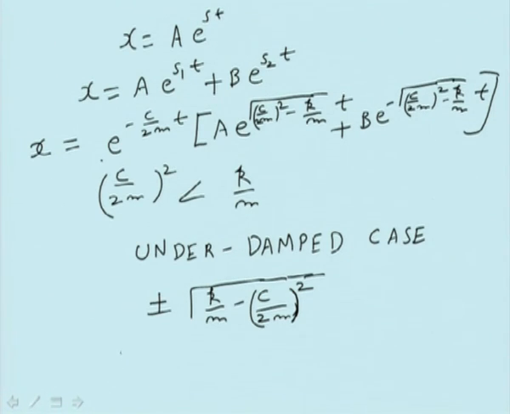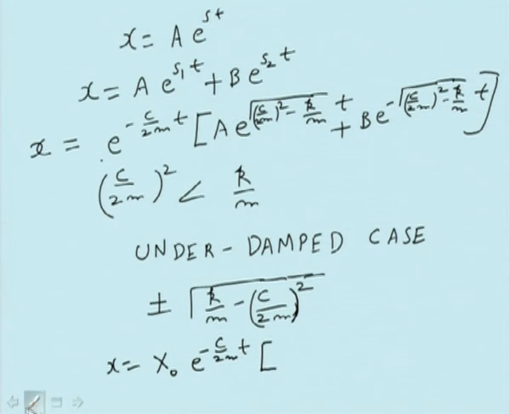You have the amplitude term, so you can write x is equal to something like x0 e to the power minus C by 2m t, and inside you may have sin omega t.